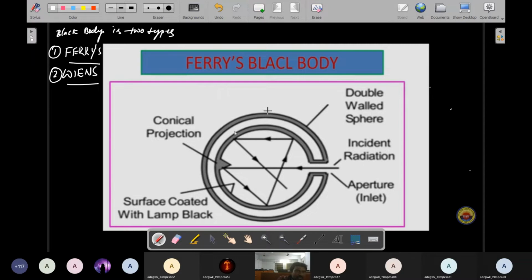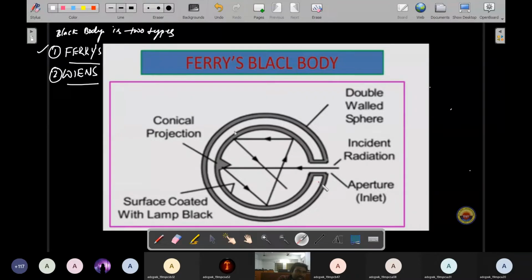Suppose first I explain the Ferris black body. In this diagram you can see the block diagram of the Ferris black body. This is nothing but a double walled sphere.